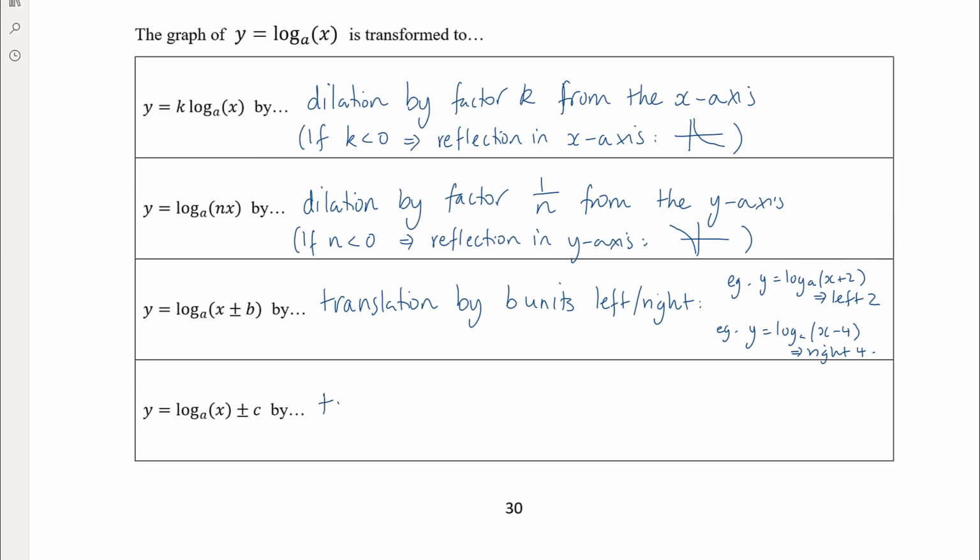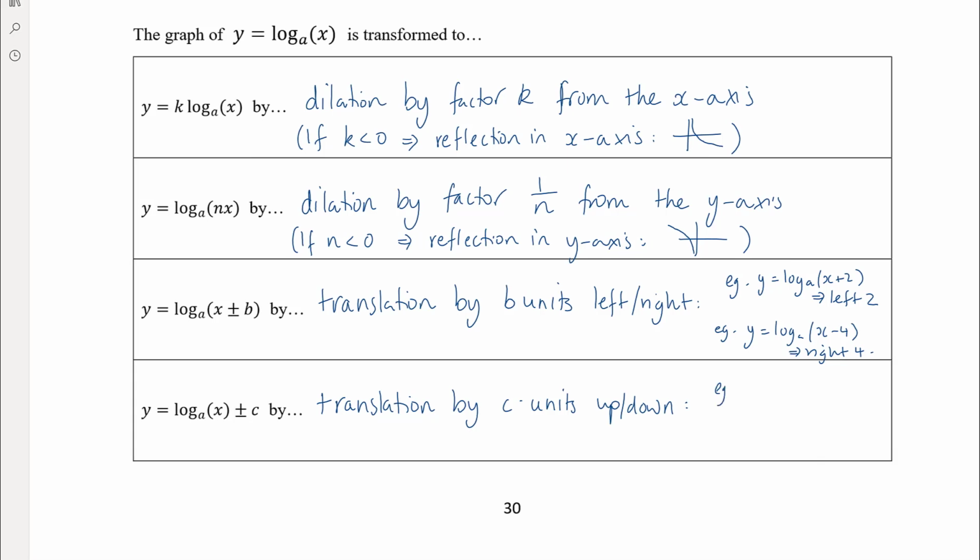If we're adding and subtracting onto the end of the function, it is translation by c units up or down. For example, if we had y equals log a of x plus 3, that's going to be up by 3. If we had y equals log a of x minus 1, that's going to be down by 1.